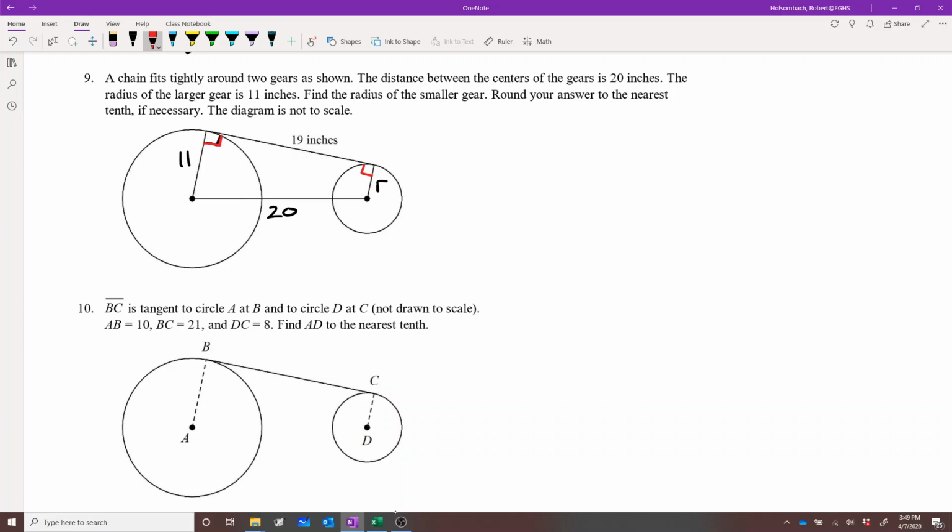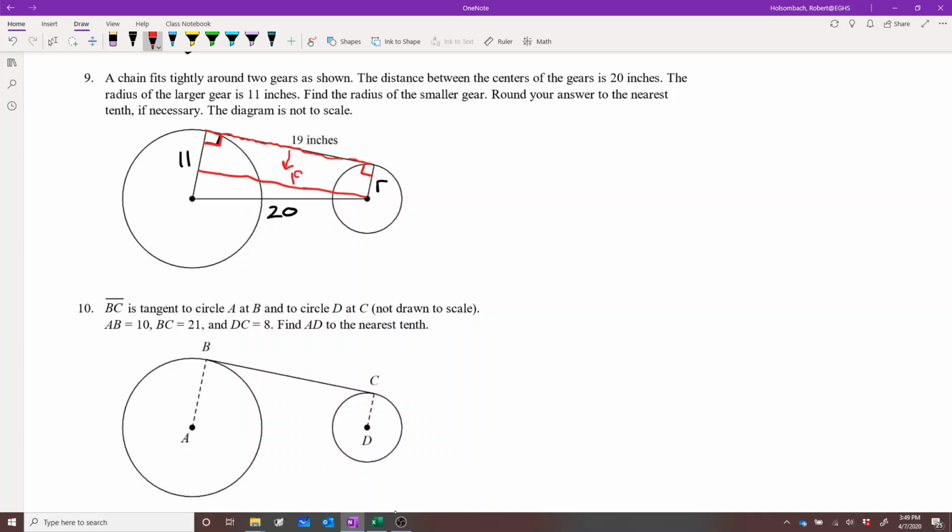And if we have to find the radius of the smaller gear, what we're going to do is take this 19-inch side that's parallel to both radiuses, and we're going to slide it down. Okay? And we're going to slide it down to here. And when we do that, a couple things happen.